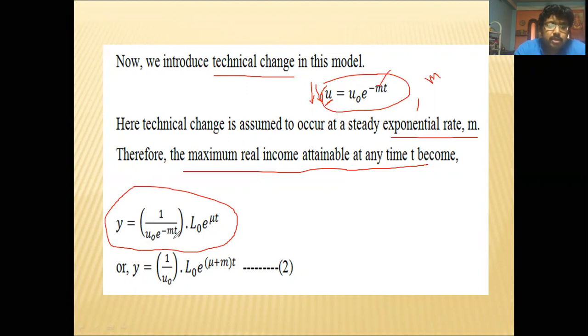In my previous slide we had 1 by U, and now we substitute U by U0 e to the power minus mt, and multiply by the total labor force. After arranging, we get 1 by U0 times e to the power mt.